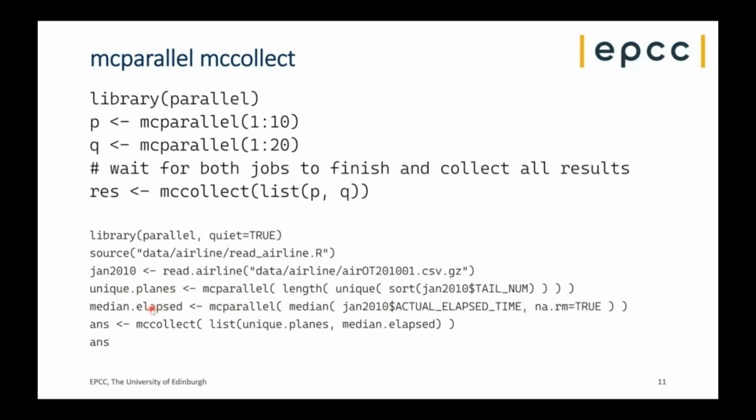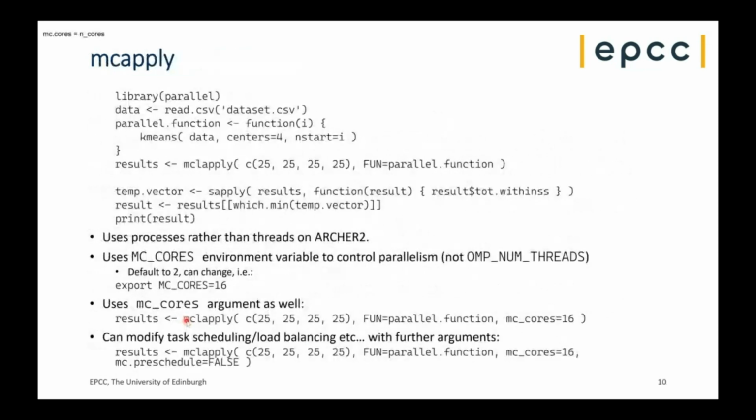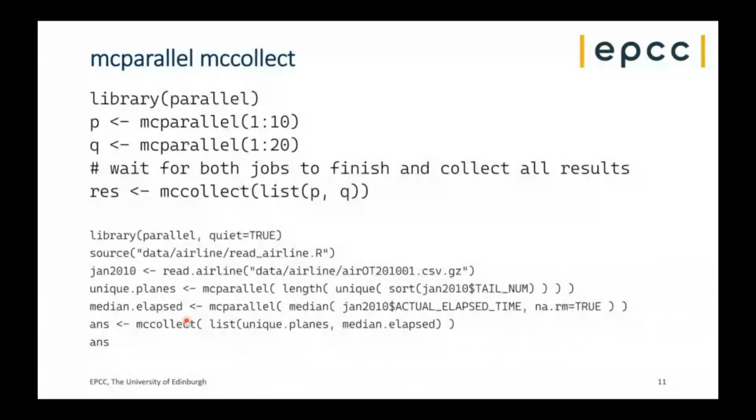And we do the same across another piece of work, and then we can use this thing called mccollect, which gathers the combined results calculated from our workers and pulls them back to our main process. So the parallel library has functionality to do both trivial parallelism applications, but also a bit more complex stuff on top of that.